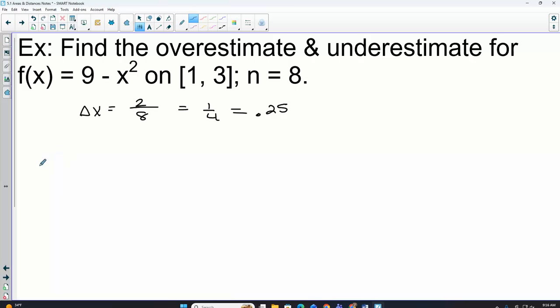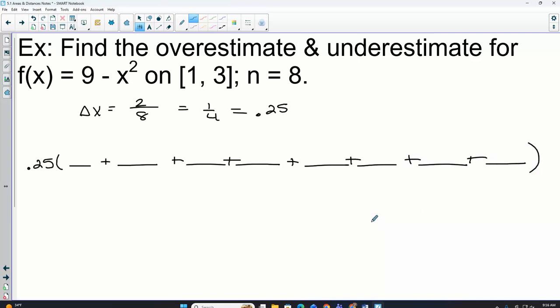All right, so let's try this without knowing which one is an over and underestimate. We'll label that in a minute. Okay, the width of all these rectangles is the 0.25. So I'm adding together 8 things. We are starting at 1.